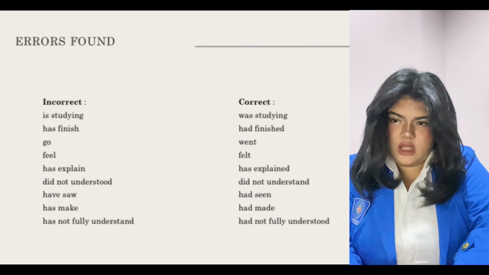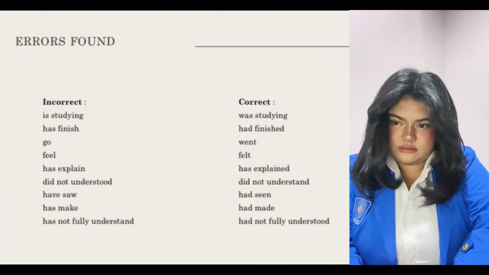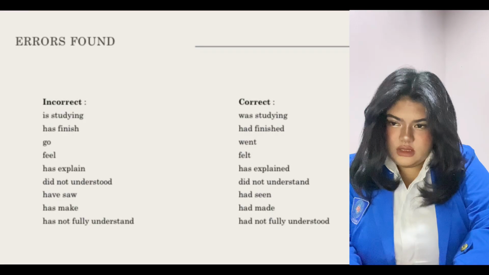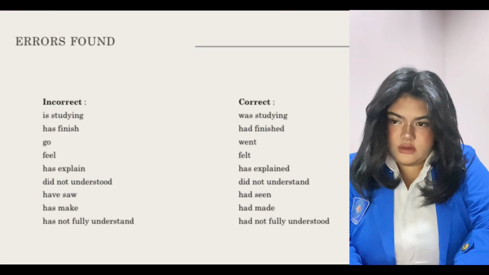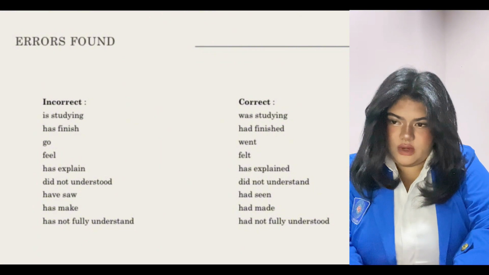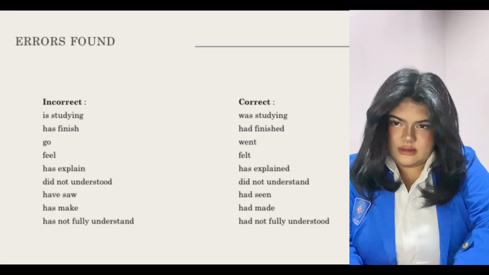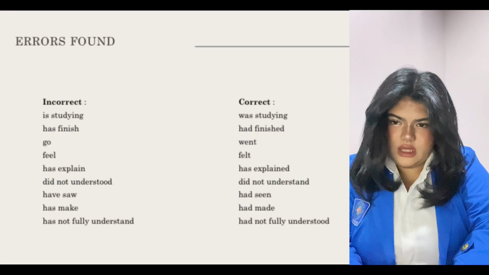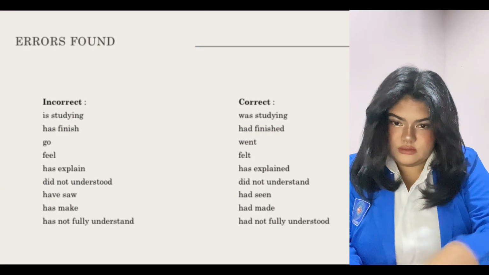Incorrect "did not understood", correct "did not understand". Incorrect "have saw", correct "had seen". Incorrect "has make", the correct one is "had made". Incorrect "has not fully understand", the correct one is "had not fully understood".